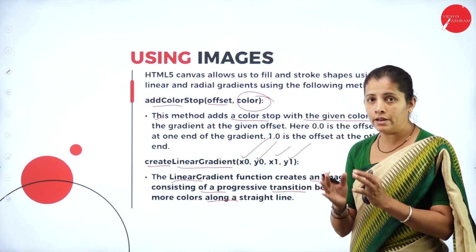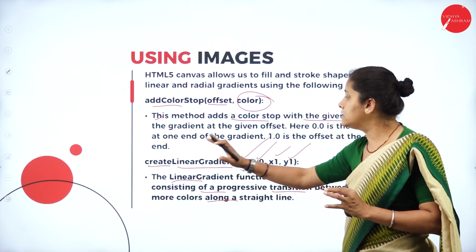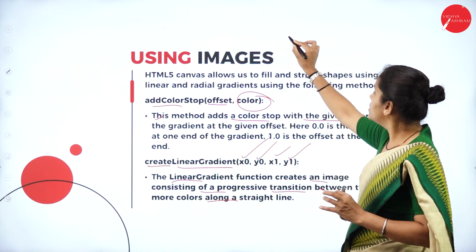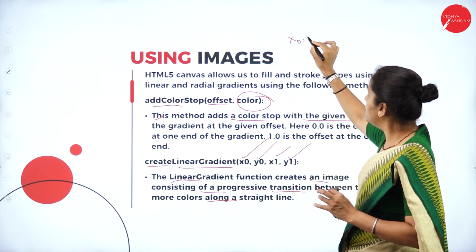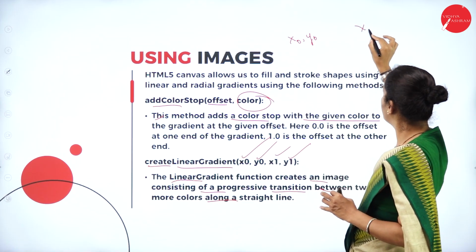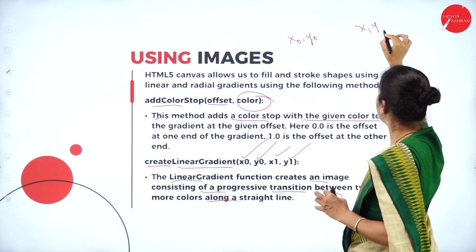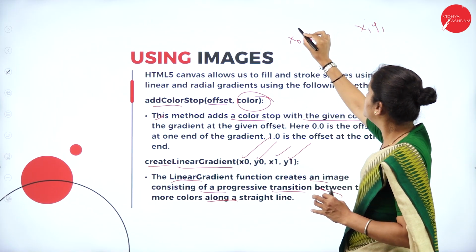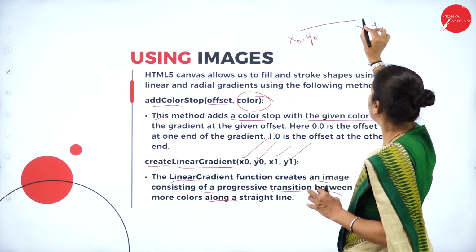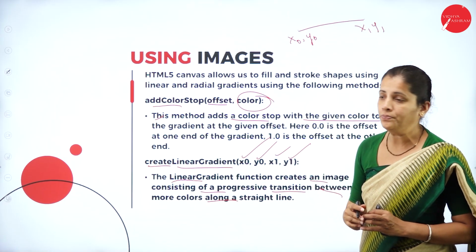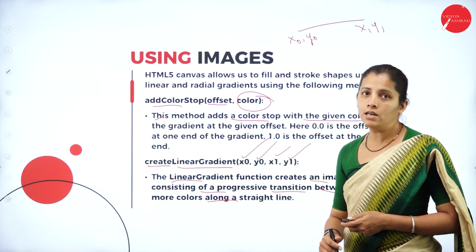Whenever I consider a line, then it is a linear gradient. So here I have x, y and here I have x1, y1. Now I have two dots and I'm going to connect them. That is nothing but the linear gradient.